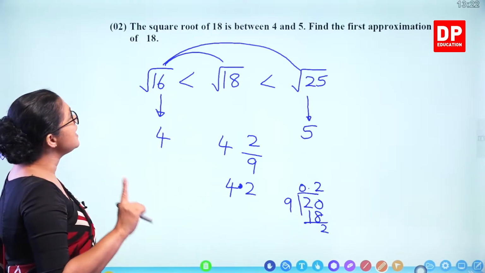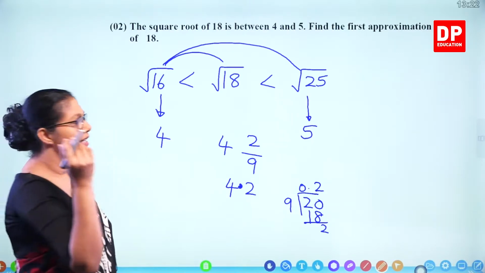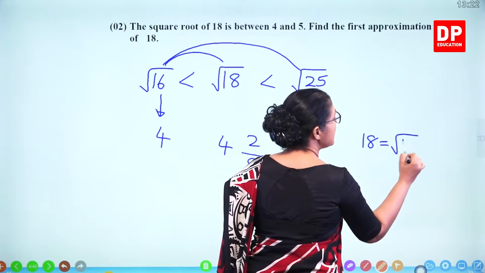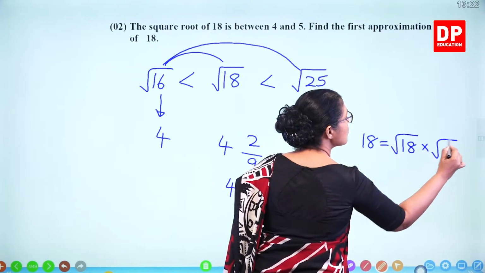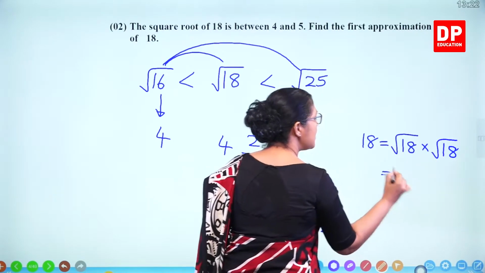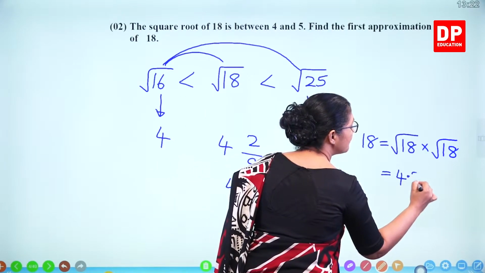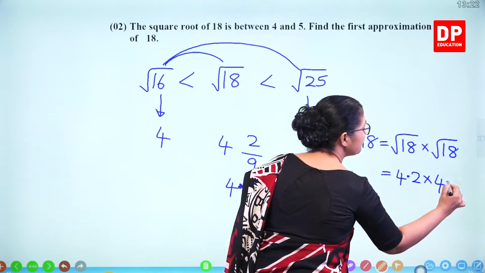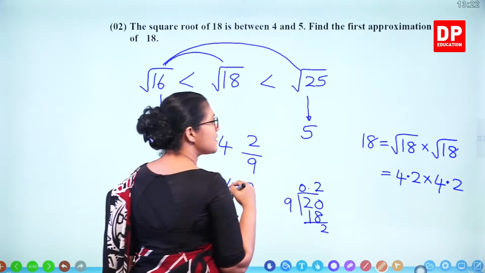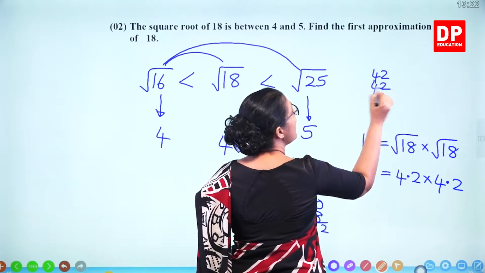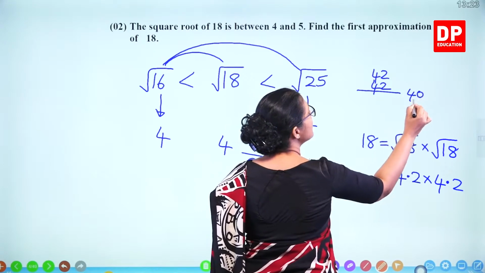But we need to check 18. Square root 18 into root 18, you get 18. So 4.2 times 4.2. So what's the value? 42 into 42 and then put a decimal point.